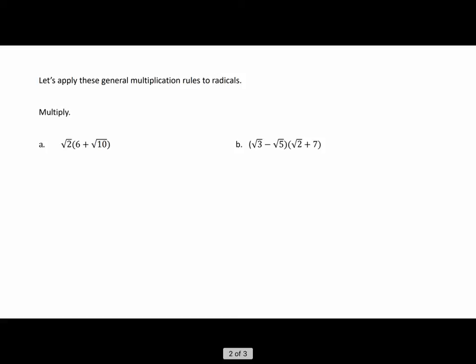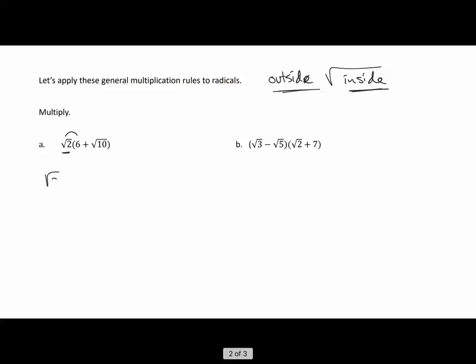And example A, then we're multiplying a monomial times a binomial, so we're going to distribute. There's just one thing to remember when multiplying, right? Outside radical, inside radical. You can multiply what's outside, you multiply what's inside. Okay.